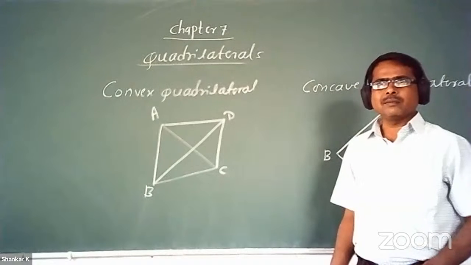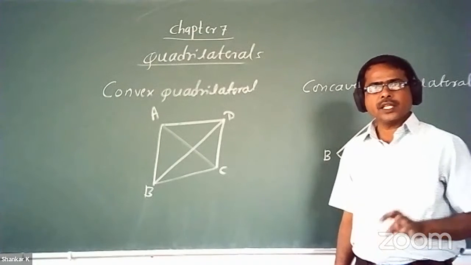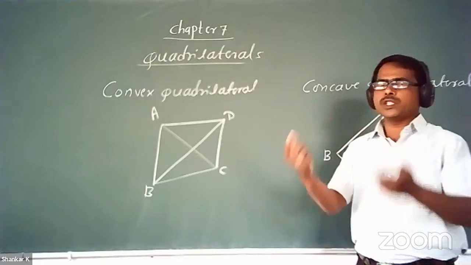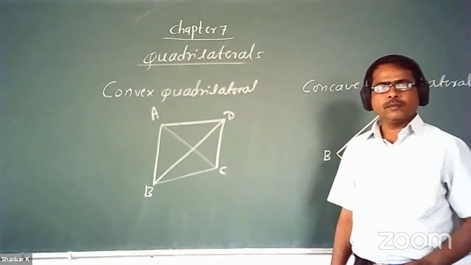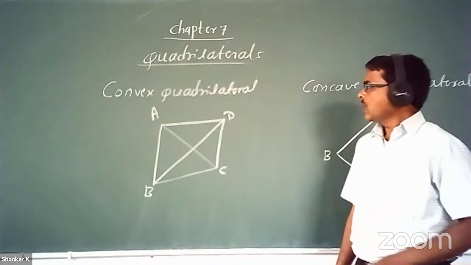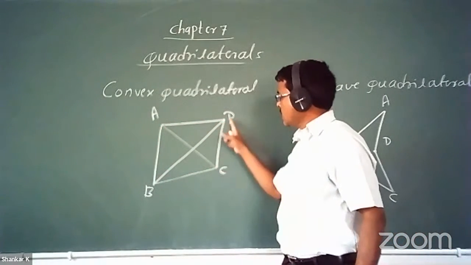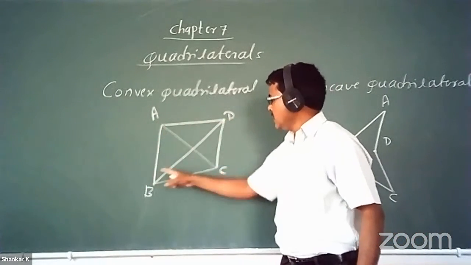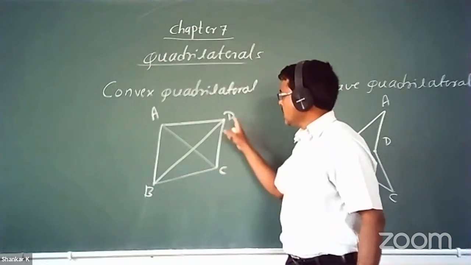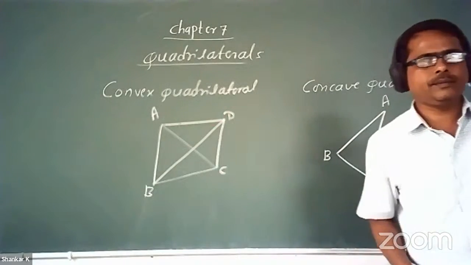For example, you might have heard of an interior designer. An interior designer is one who designs a house inside. Interior means inside, exterior means outside. The boundary of this quadrilateral ABCD, that is AB, BC, CD, DA, these lines are also in the interior.